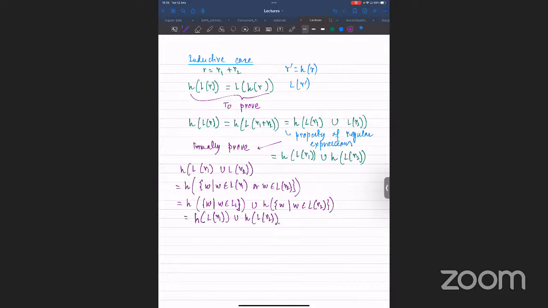Now I think the next step is important. This is the same as R1 prime by induction hypothesis, plus.